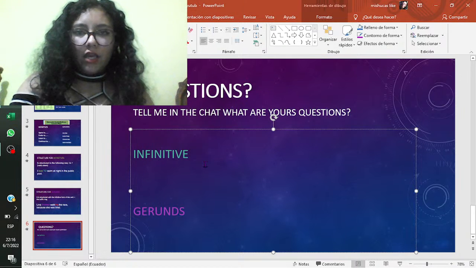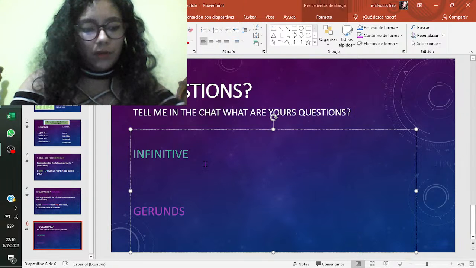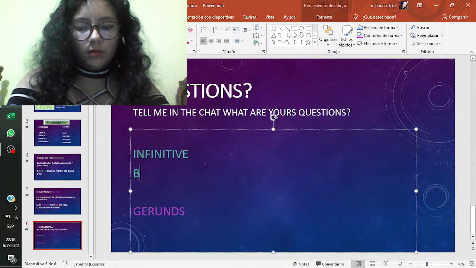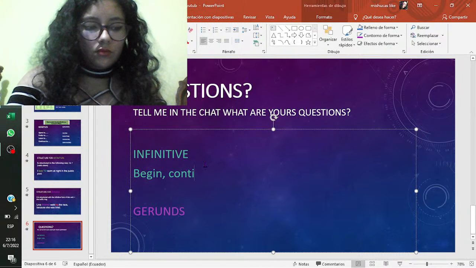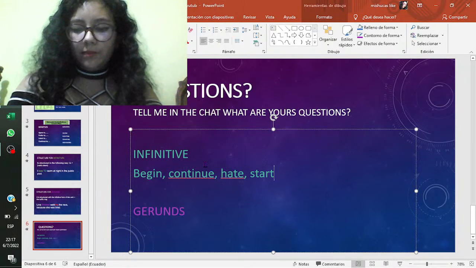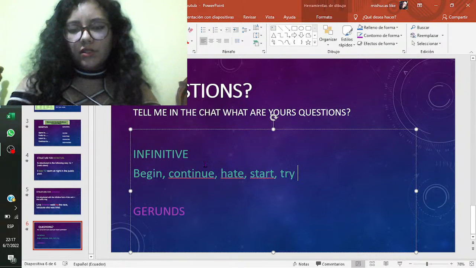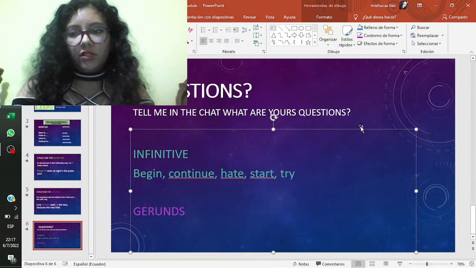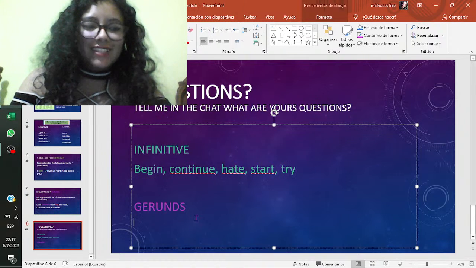Among the verbs used with both infinitives and gerunds are the following: begin, continue, hate, start, try, among others. They are used with infinitives and gerunds, with the same meaning.